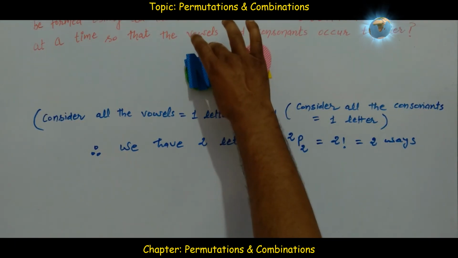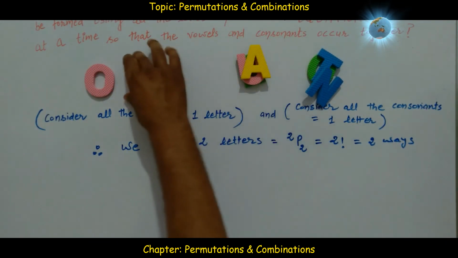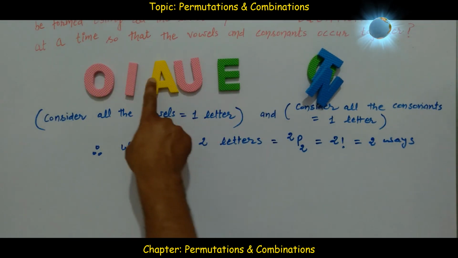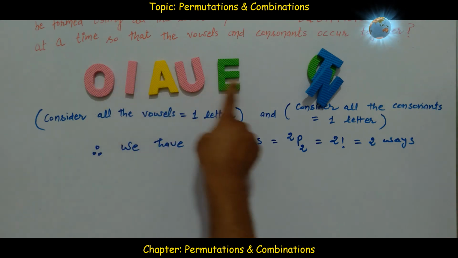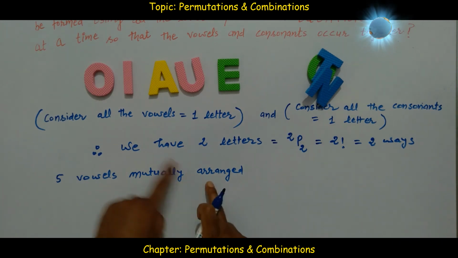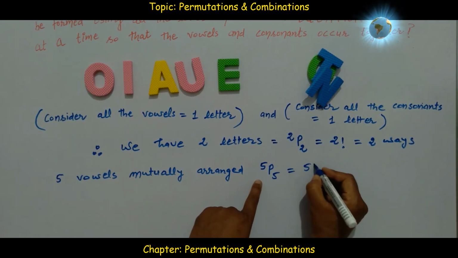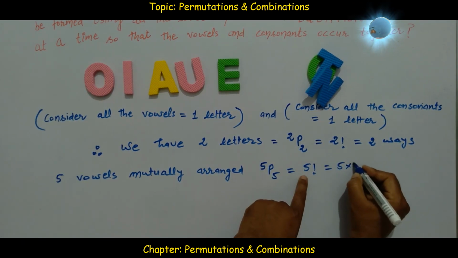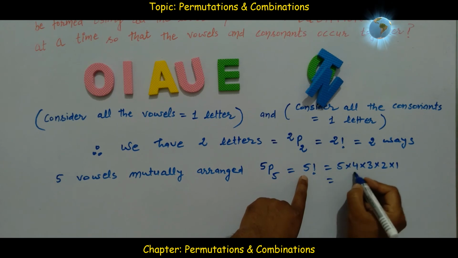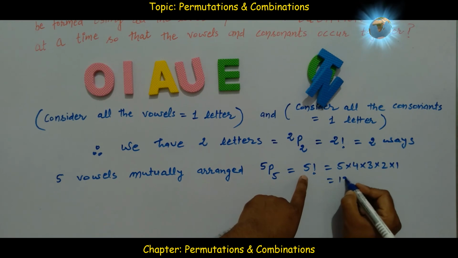Now one more thing, we have a total of 1, 2, 3, 4, 5 vowels. These 5 vowels mutually can also be arranged. So 5 vowels mutually arranged means 5P5, that is, we can say 5 factorial, which equals 5 into 4 into 3 into 2 into 1, that is 5 into 4, 20, 20 into 3, 60 into 2, 120 ways.